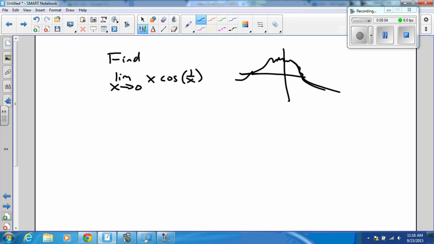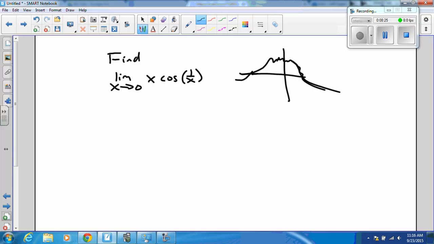And so the question now is, what is this limit? I look at that, none of my limit properties apply to it. I can't do product rule because the limit as x goes to 0 of cosine 1 over x doesn't even make sense. So, what can I do? Well, I consider maybe squeeze theorem would help.